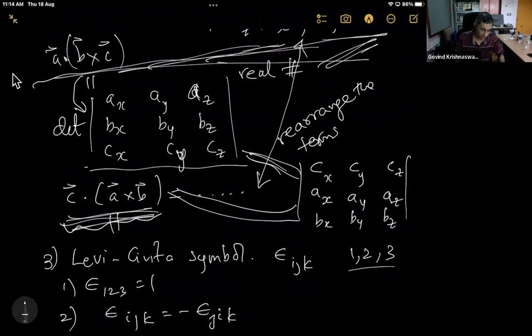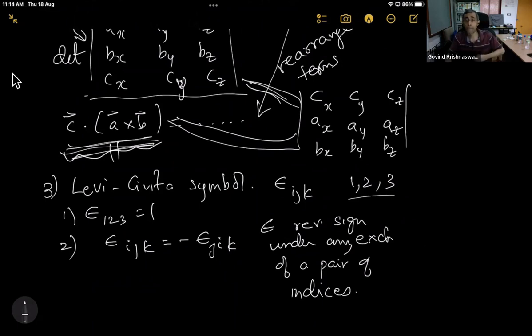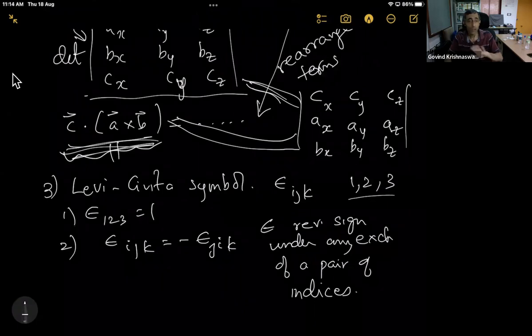What was stated is that epsilon reverses sign under any exchange of a pair of indices. Is everybody on the same page? These are the two defining properties given to us. Nothing else is provided, and you're supposed to proceed from here.